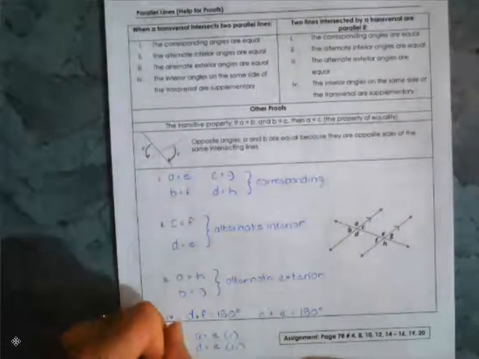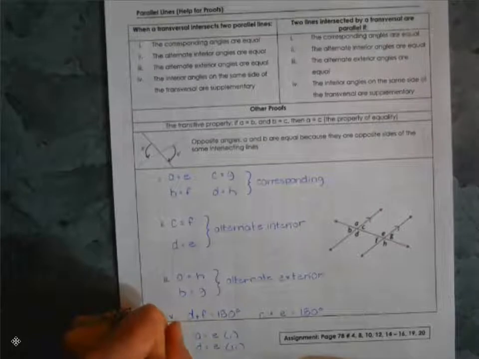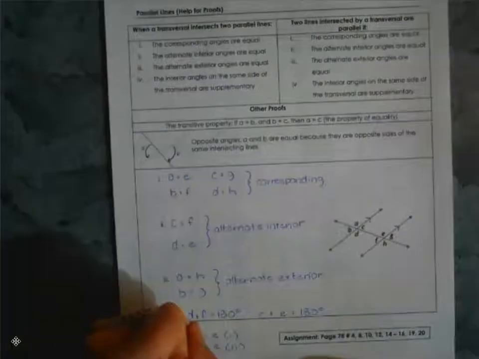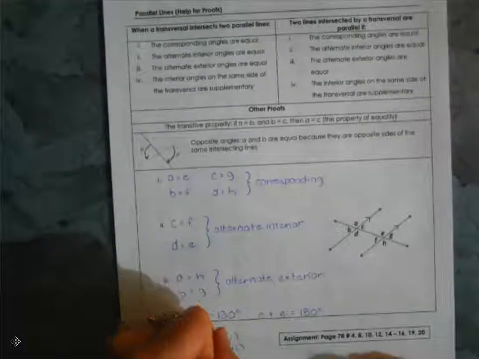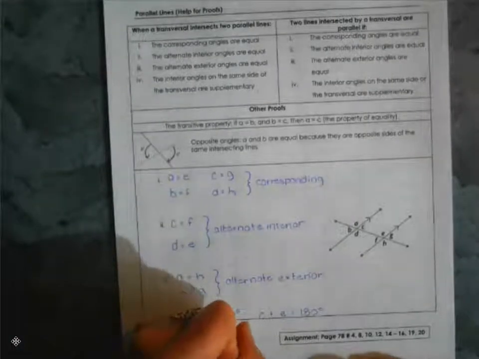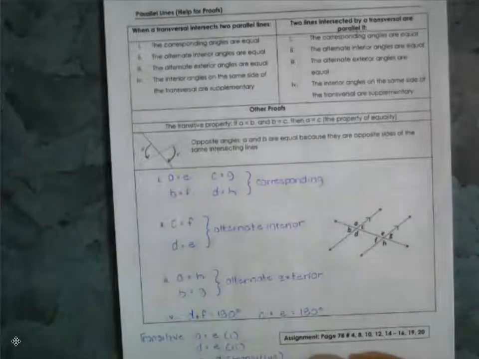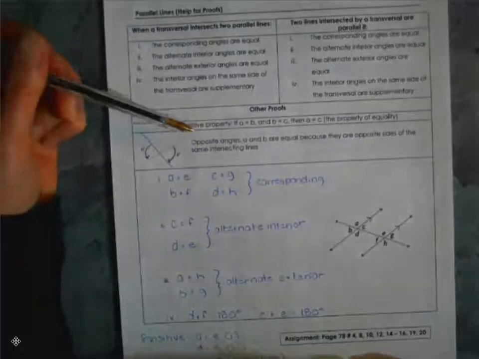So then we can say, I don't know if you guys are familiar with this shorthand, but usually if you're saying therefore, then you draw a little triangle with 3 dots. So therefore, angle A is equal to angle D. And that's the transitive property of equality.